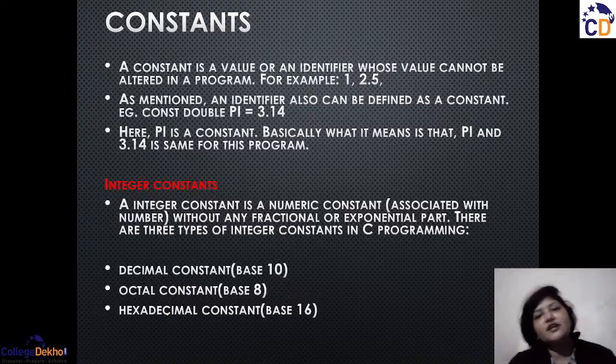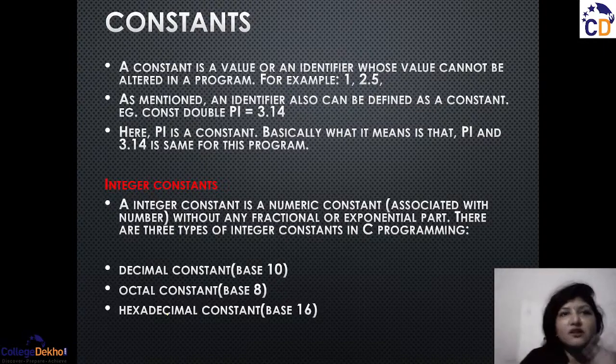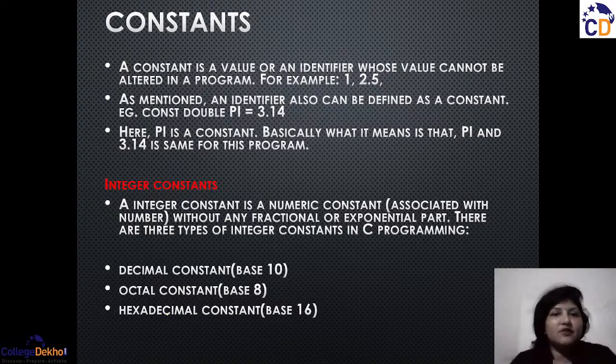You cannot change it, such that this time I am using some value and another time we are using some other value. No, pi would remain the same for all the programs and for all the functions. So pi value means it would be 3.14 only, right? So it is treated as a constant. This is a very good example of a constant.